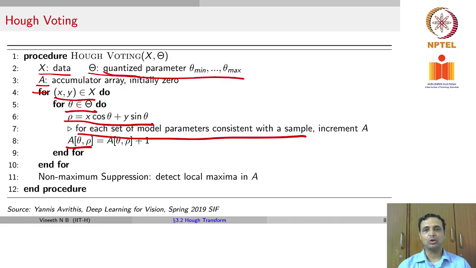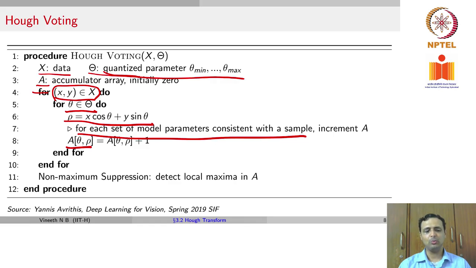So imagine the accumulator being a 2D matrix defined by theta values on one axis and rho values on the other axis, which could also be quantized. You could quantize distance into distances of, say, a certain number of units. And whichever rho and theta we know corresponds to this x and y that we have, you go to that rho and theta, check for consistency and increment that cell in the accumulator matrix by 1.